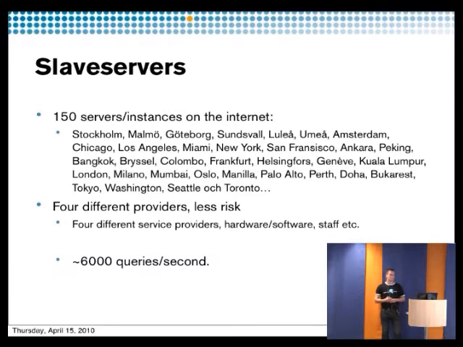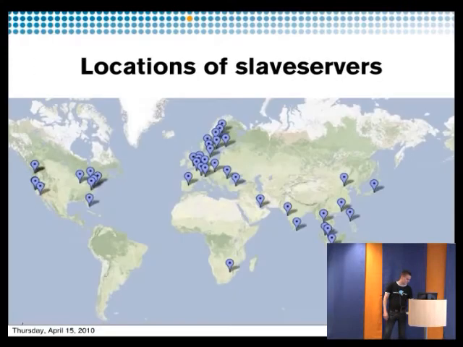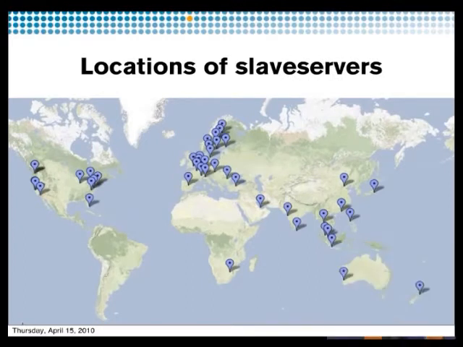We also have these 4 different providers because that gives us a lot less risk, since they have different routing procedures and everything. We answer roughly 6,000 queries per second, 24 hours, of course. Geographically, locations are roughly these.